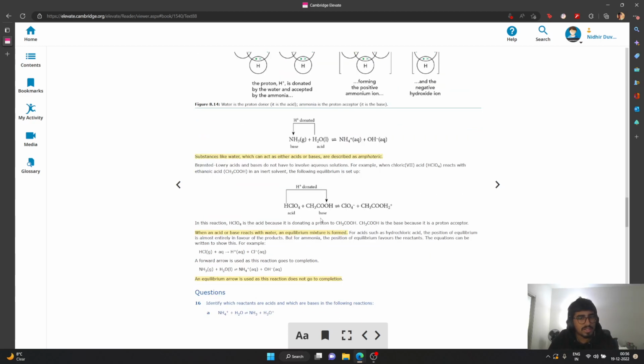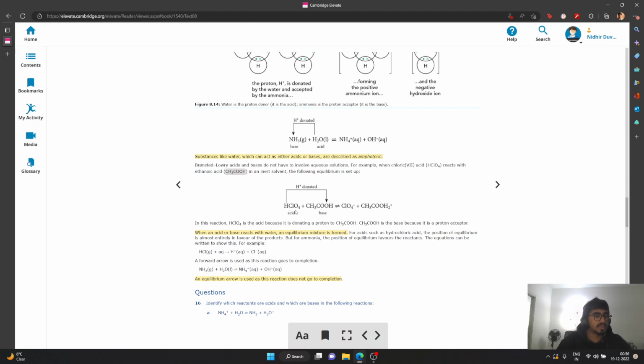If you look at this one, this is called chloric acid, HClO4, which reacts with a weaker acid, ethanoic acid. You see what happens. The stronger acid wants to give its H plus more than the weaker acid wants to give its H plus. So because of the presence of the stronger acid, the weaker one has to succumb to its power and accept the H plus.